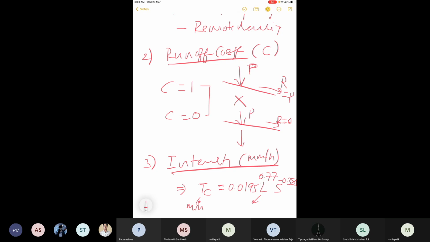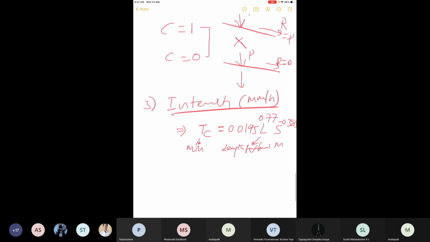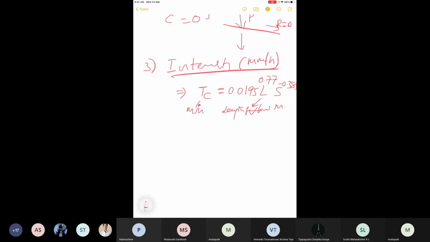L is the maximum length of flow in meters, and S is the watershed gradient, in meter per meter. That's a fraction.